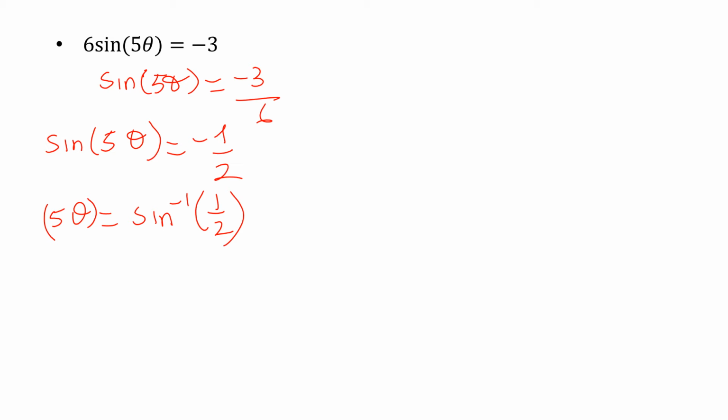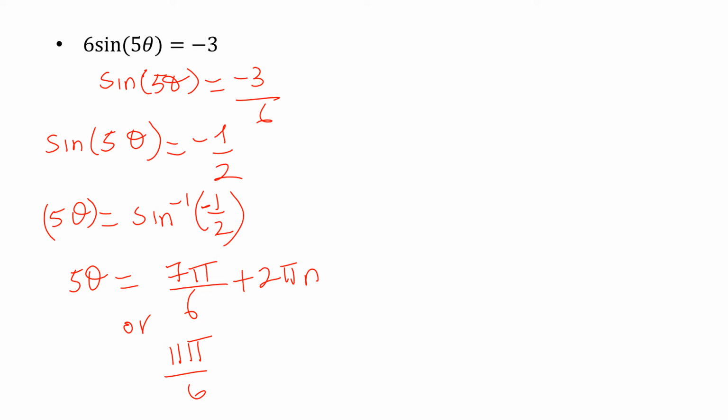So our answers are 5 theta equals 7 pi on 6 plus 2 pi n, or 11 pi on 6 plus 2 pi n.